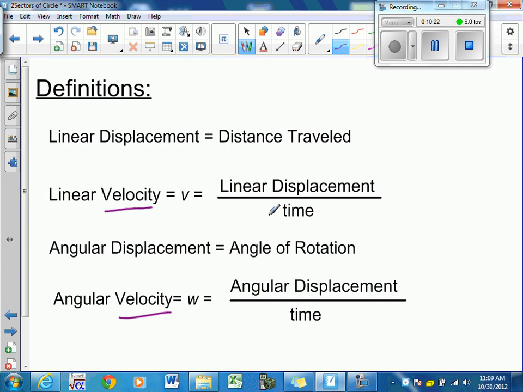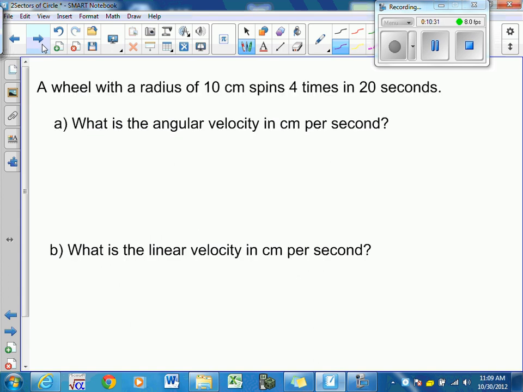So our wheel of radius 10 spins 4 times in 20 seconds. What's the angular velocity? Well, we just found on the earlier problem, our angular displacement was 80 pi.